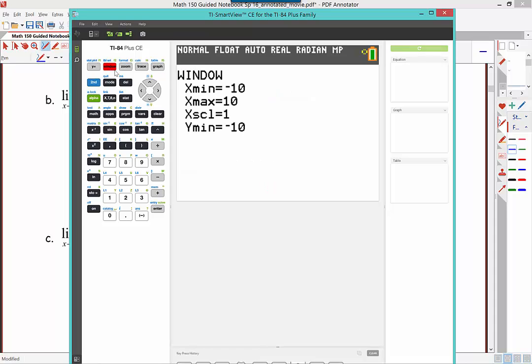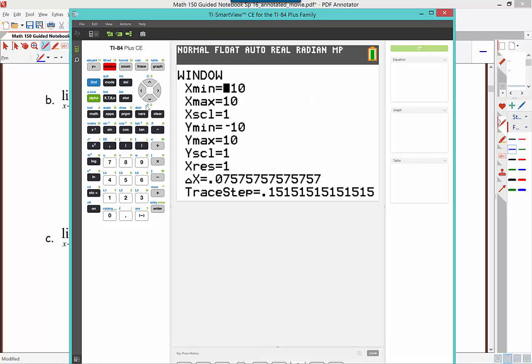So let's change our window. The x's can be, let's go just negative 5 to 5. And then the y's are going to have to be higher, aren't they? So y minimum, let's just do negative 100 to 100 or something like that.